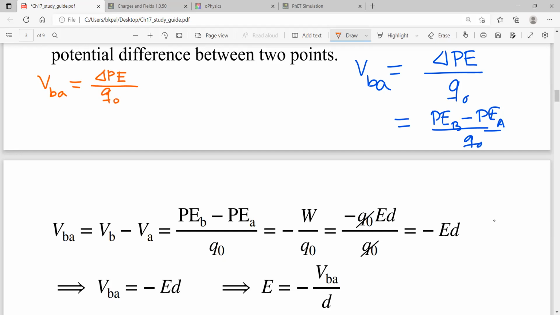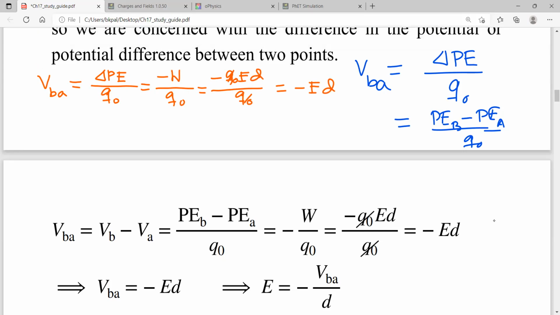We already saw that the change in potential energy is equal to minus W, and W we derived as Q0 E D. Q0 cancels out, so we have minus ED. So the potential difference is equal to negative ED.